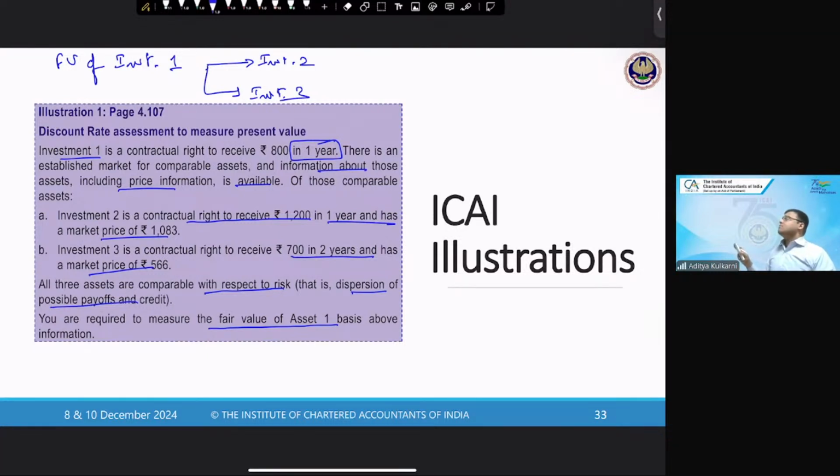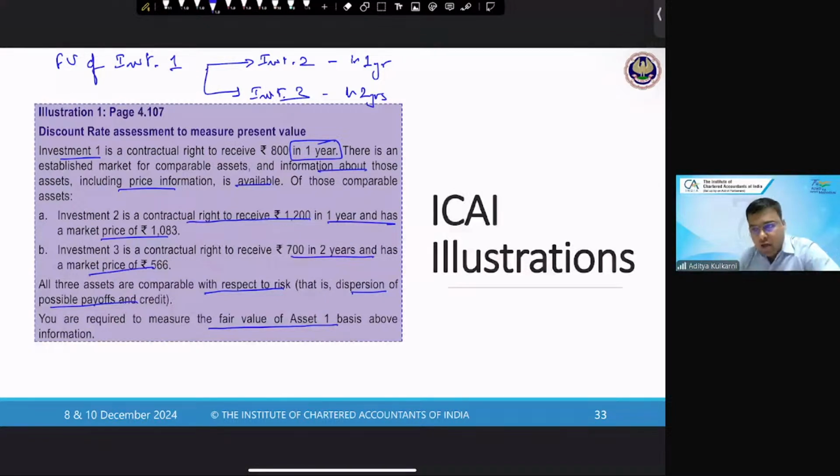Okay. Now, the question is, investment 2 is a right to receive in 1 year. Investment 3, a right to receive in 2 years. So when I have to take the decision of which is comparable, which one will you take? Is investment 2 comparable to investment 1 or investment 3 comparable to investment 1?